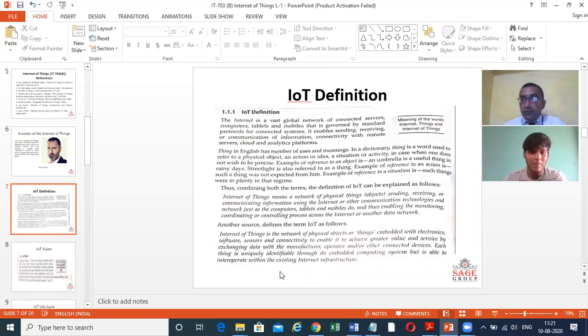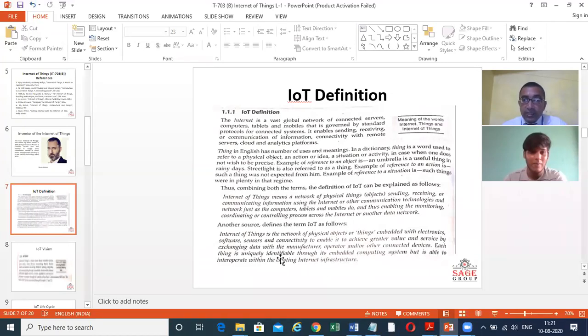Now again, one more definition: the Internet of Things is a network of physical objects or things embedded with electronics, software, sensors, and connectivity to enable it to achieve greater value and service by exchanging data with the manufacturer, operator, and other connected devices.